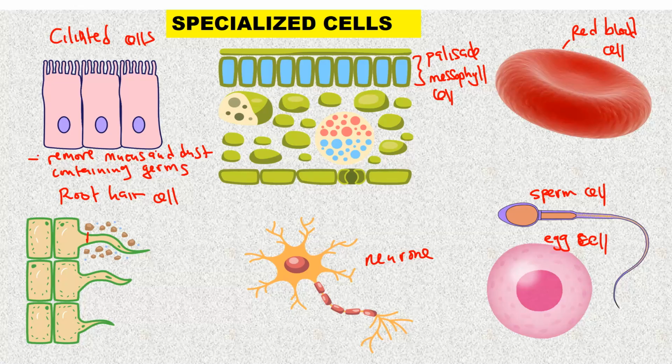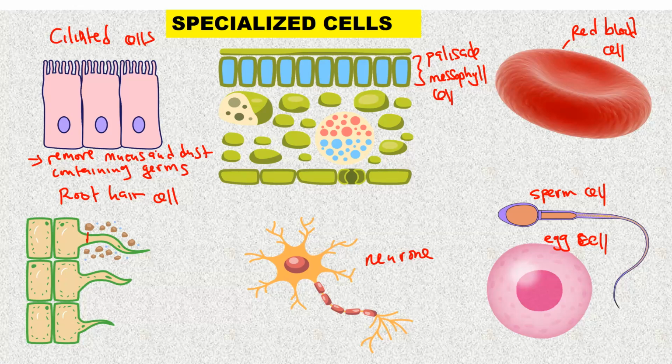So take note of that as you are going through this part. But these are also found in the oviduct, where they move the ovum, or the egg, toward the uterus. So they are found in the respiratory tract or in the oviduct.